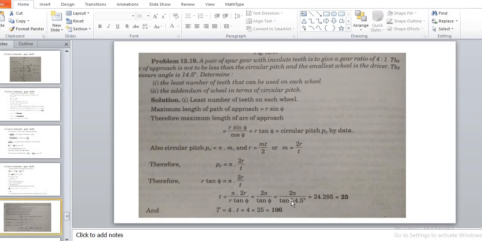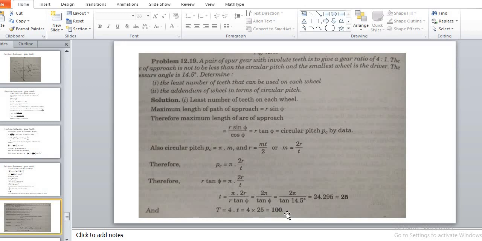The pressure angle is given as 14.5 degrees, so putting this value and simplifying, we get 25. So small t is 25. Capital T, using the gear ratio, is 4 into t, which is 4 into 25, 100. So the smaller gear has 25 teeth and the larger gear has 100 teeth.